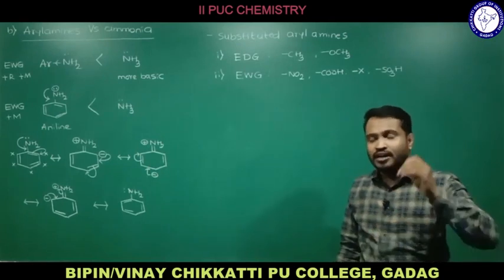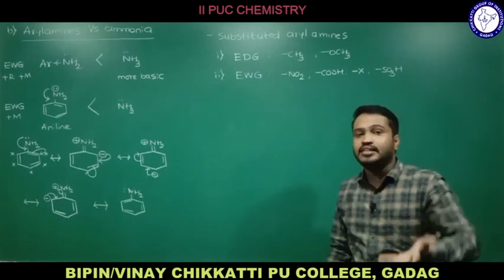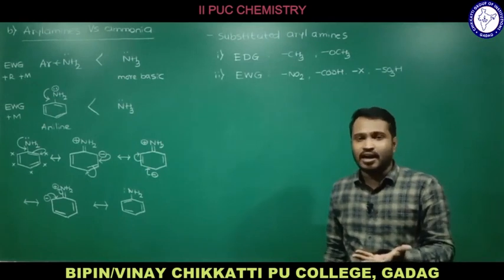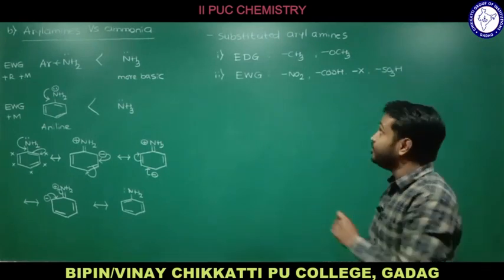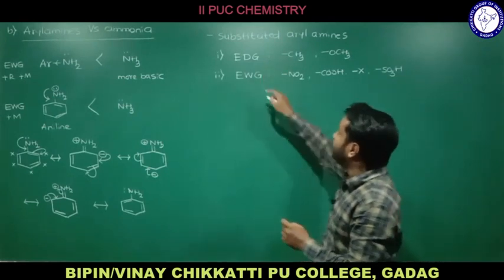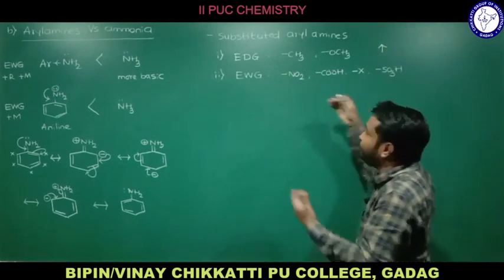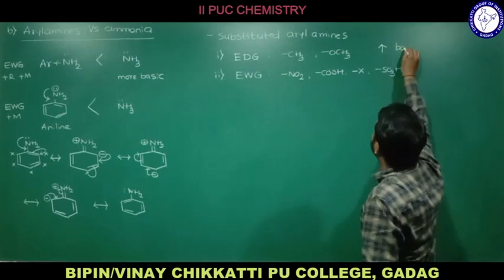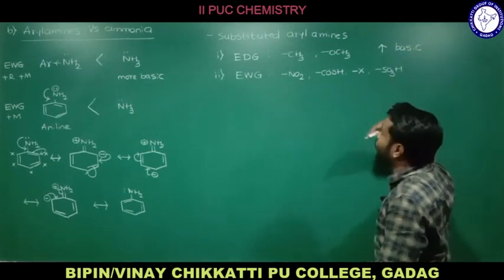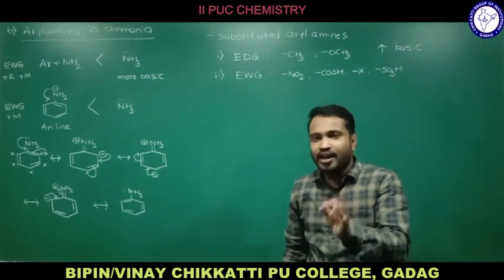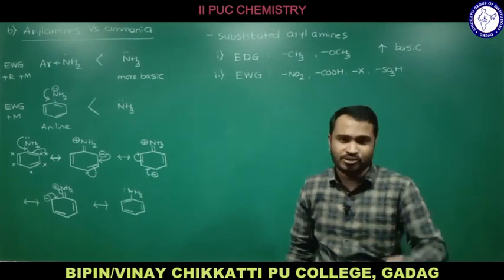The electron density on the nitrogen increases and more electrons are available for protonation. So if you have an electron donating group in arylamines, the basicity of the amine is going to increase.